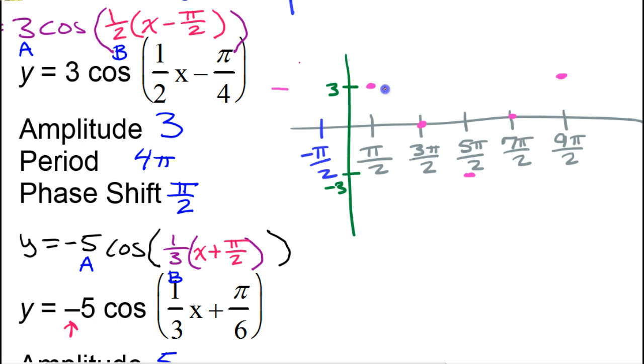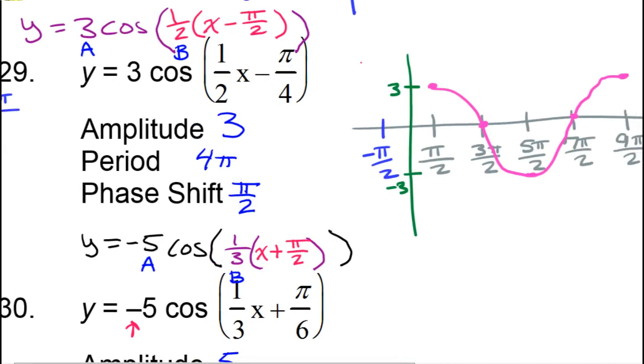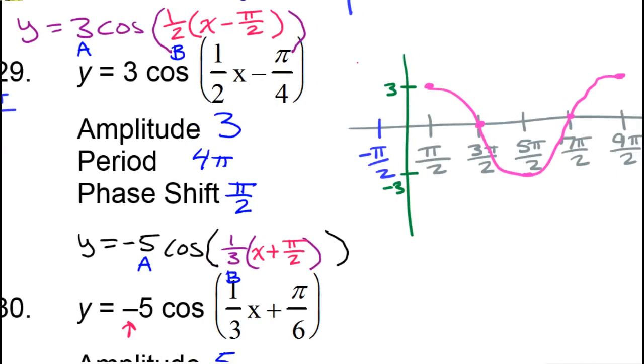So ignore the mirage effect that's being created over there to the left. It's very distracting, but I'm going to try to ignore it. Okay, so this graph is going to look something like this. And that's it. That was problem number 29.